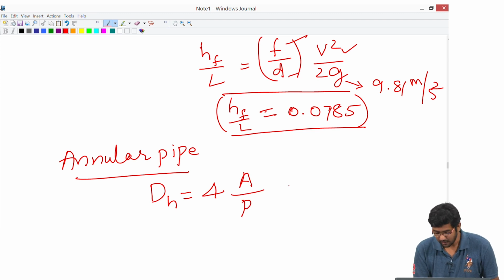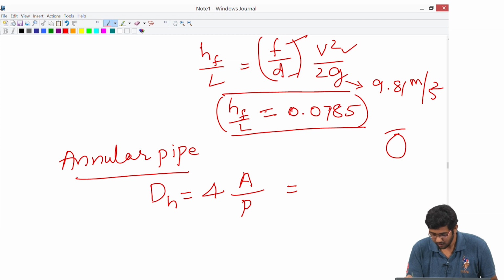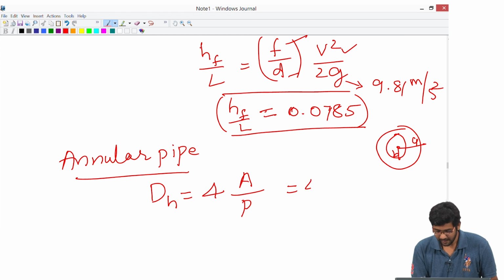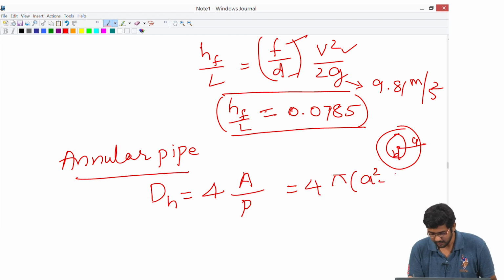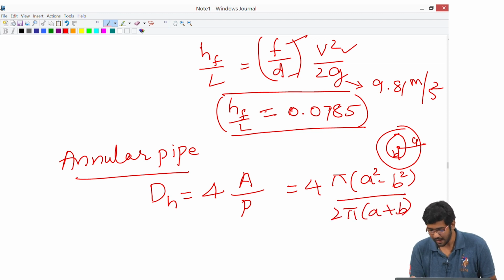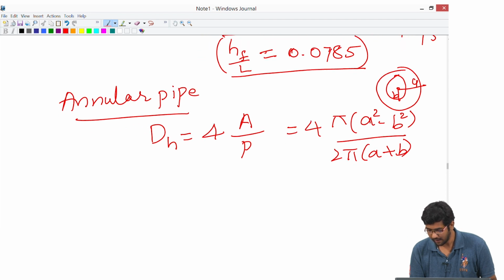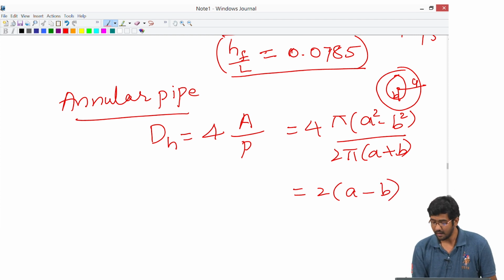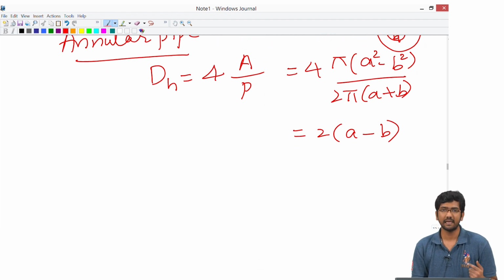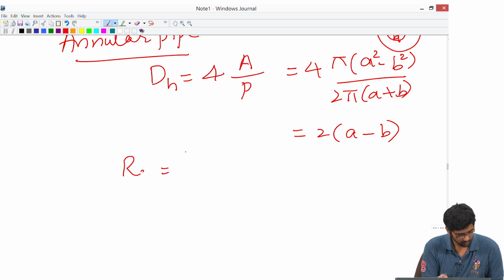For this geometry, which is the annular pipe, this is A and this is B. The area is pi times A square minus B square, which is pi times A minus B times A plus B, and the wetted perimeter for an annulus is 2 pi times A plus B. So, this gives us 2 into A minus B. This is the hydraulic diameter, and we calculate the Reynolds number based on this hydraulic diameter, which is velocity times dH by nu.